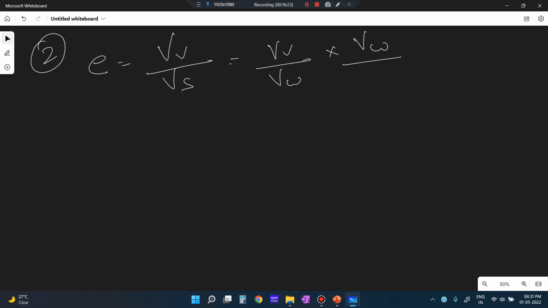Second one, void ratio is equal to Vv by Vs. Okay, fine. We can write it like this: Vv by Vw into Vw by Vs. We are multiplying both numerator and denominator with Vw, that is the volume of water.